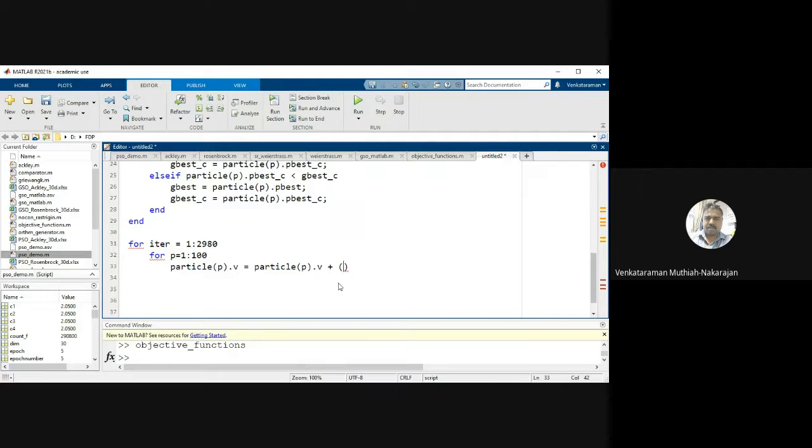So this is what I said earlier, same as what I put in the paper, the one note. This is the initial term, particle p dot v. The next is the global best. But before doing that, you have to initialize these: acceleration coefficients, take them to be 0.05.